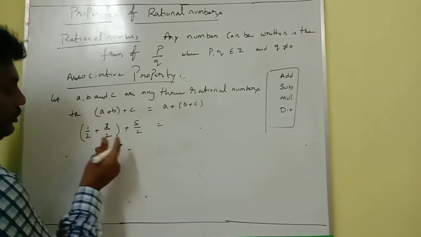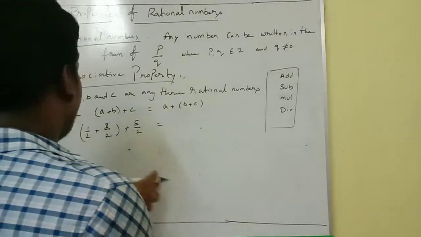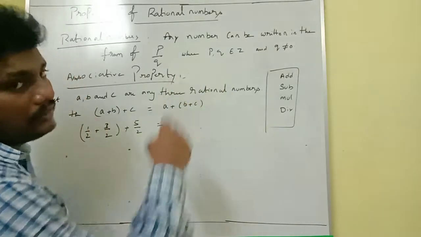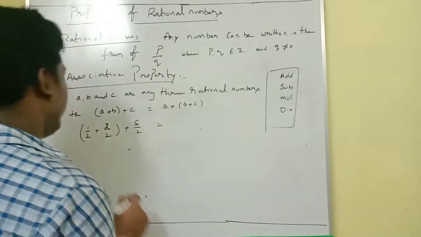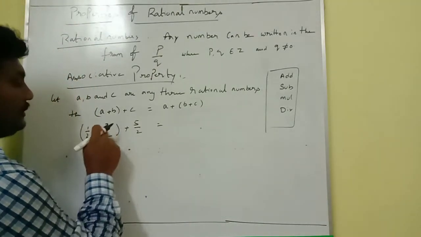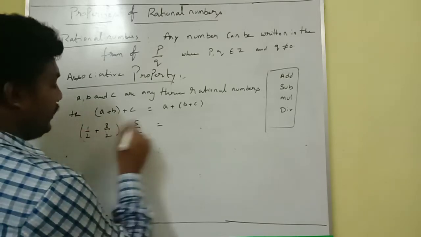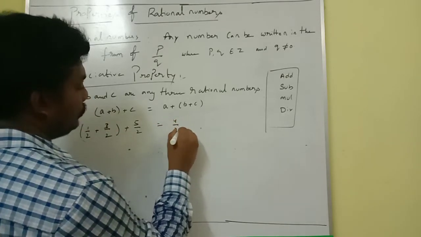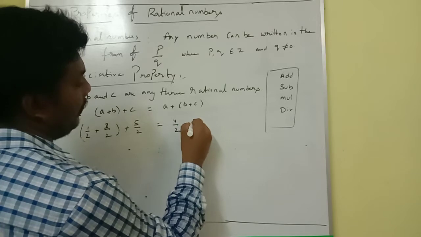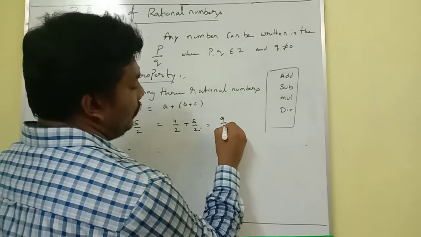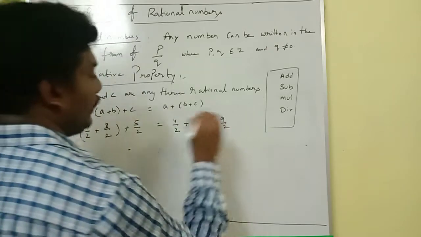First we add the value inside the bracket, according to the BODMAS rule. That is 1 by 2 plus 3 by 2. Both are like fractions, that's why we can add directly. That is 4 by 2 plus 5 by 2. This is 9 by 2. So we are getting 9 by 2 as the answer.